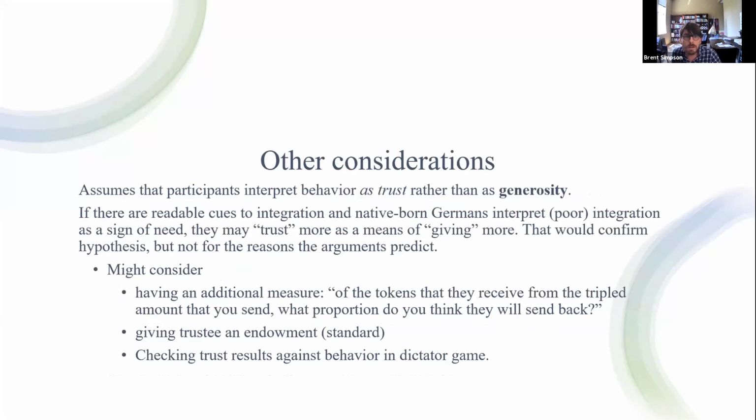Okay, so other considerations, and this is the grab bag of issues. Now, I don't even need to cover this issue because you noted that you will decouple trust from generosity in your design by giving the trustee an endowment as well, and this allows you to distinguish trust from generosity, which I think is important because you could have native-born Germans, quote unquote, trusting less integrated immigrants more than they trust more integrated immigrants because they perceive them as higher need and thus want to give more to them.